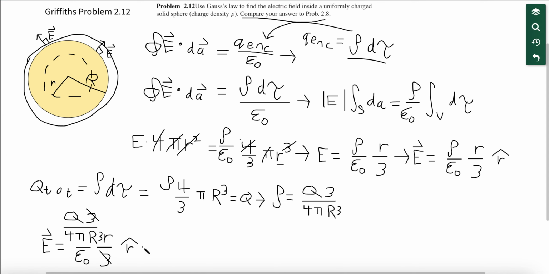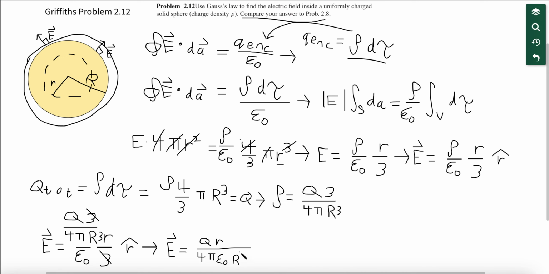And now I'm going to actually just rewrite it because this electric field looks a little sloppy with copy-paste. But what we should be getting is the following. Your electric field is equal to the total charge Q times a little r, and all that is over 4 pi epsilon naught times big R cubed.